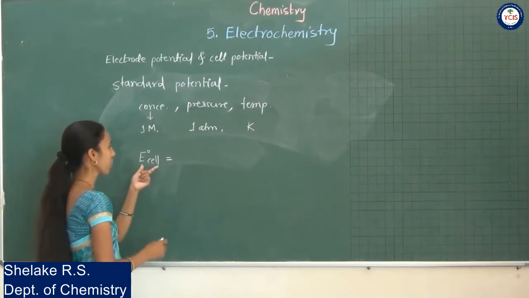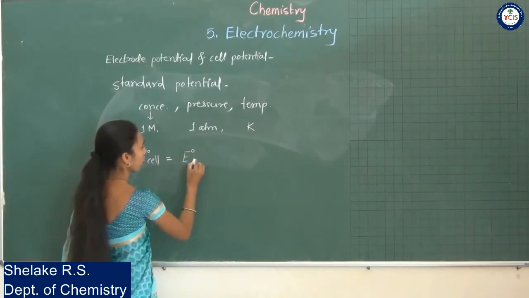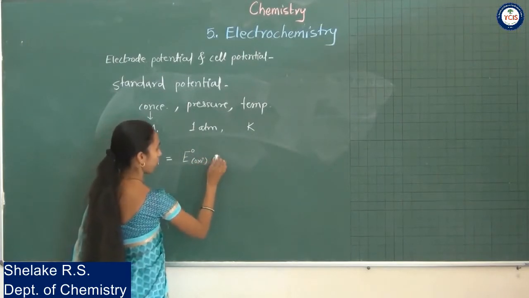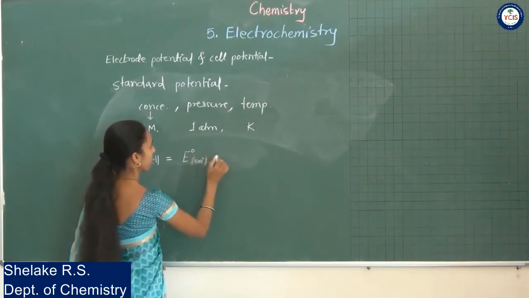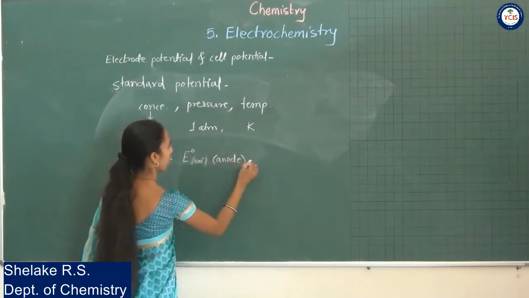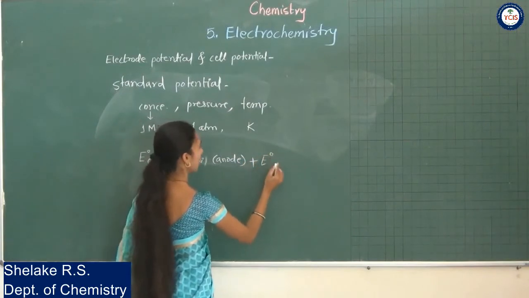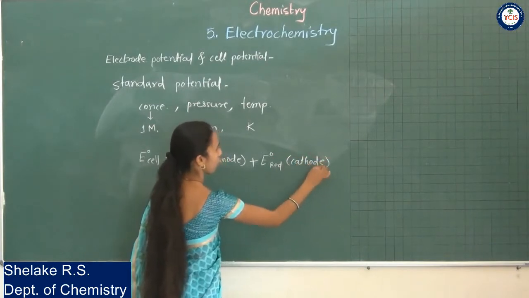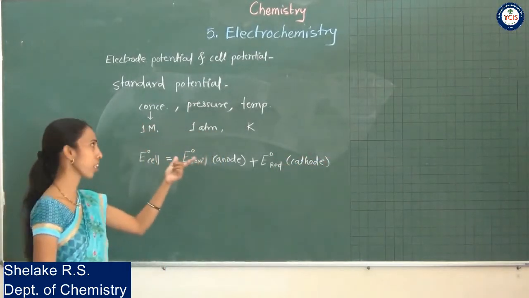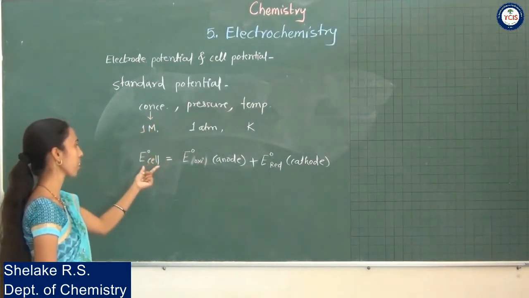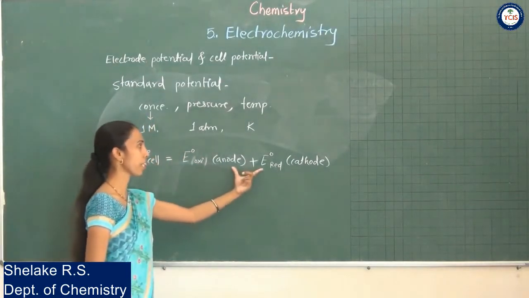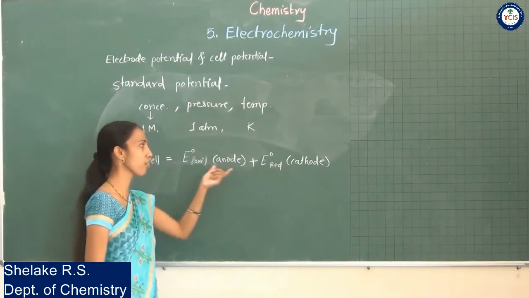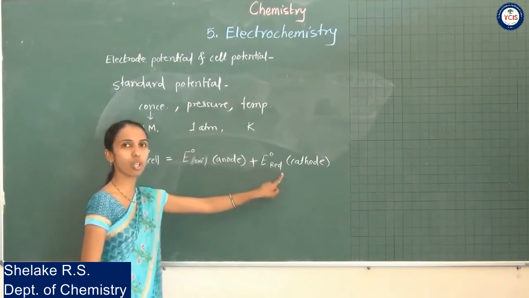In this way, E0 cell is nothing but E0 oxidation for anode plus E0 reduction at cathode. So in a simple way, the standard cell potential E0 cell is the algebraic sum of the standard electrode potentials, which I have denoted as E0 oxidation and E0 reduction.